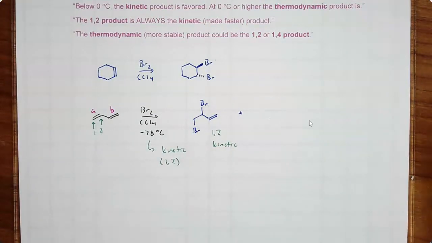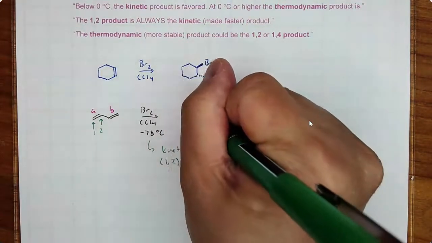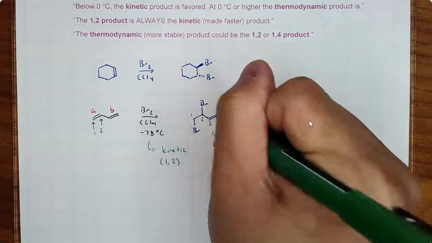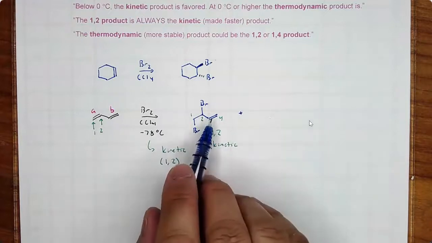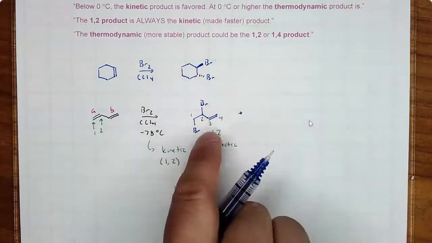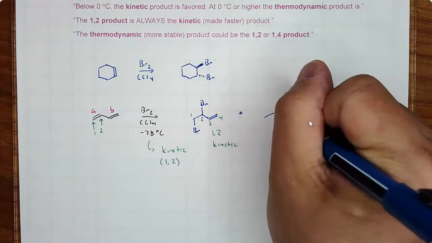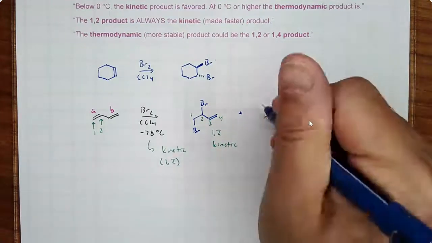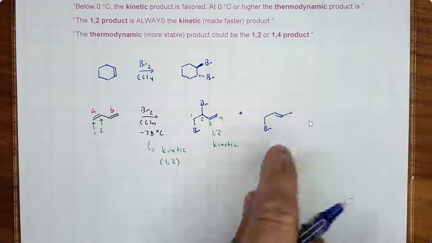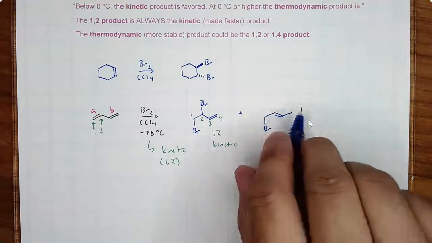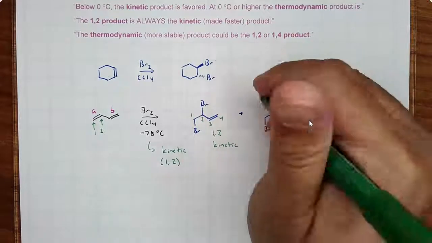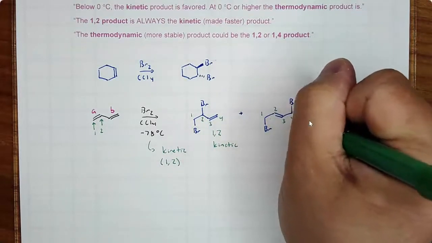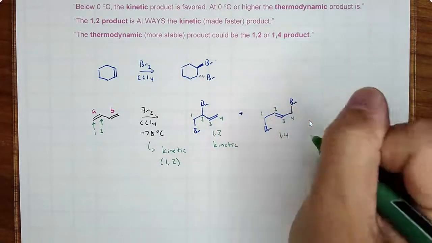If you label this 1, 2, 3, 4, what happens is, again, I'm not doing the mechanism, but you shift the double bond over, and you have this. We're still going to get the 1 having a bromine, and now it's the 4 that gets the other bromine. So this is 1, 2, 3, 4. This is the 1,4 product.